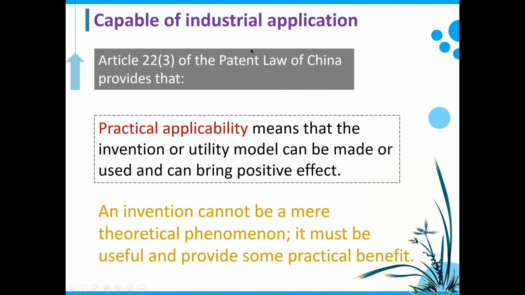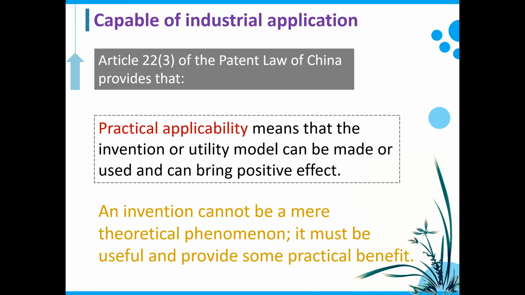Number 3, the invention must be useful, or using a term under European law, it must be capable of industrial application. The Chinese law uses the term practical applicability, which is basically talking about very similar requirements as the term used in European law.